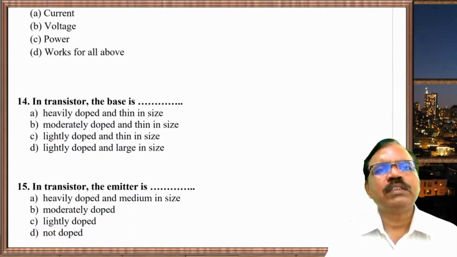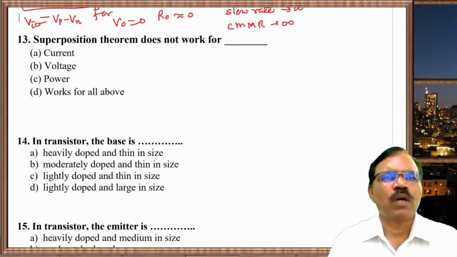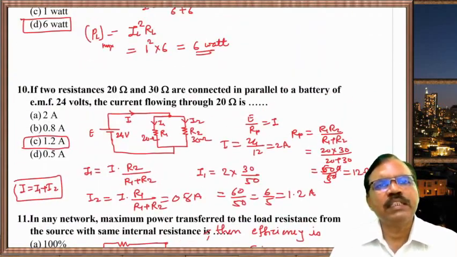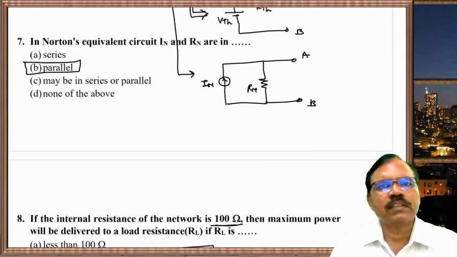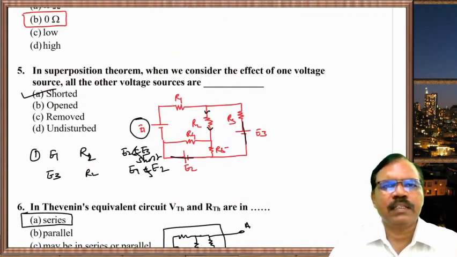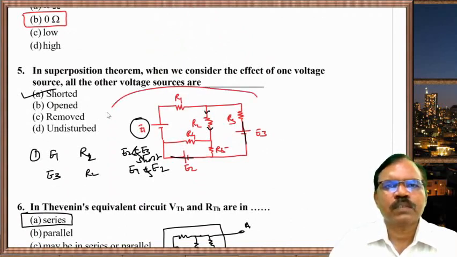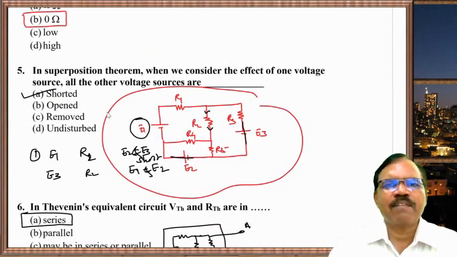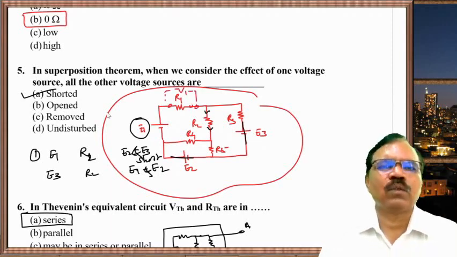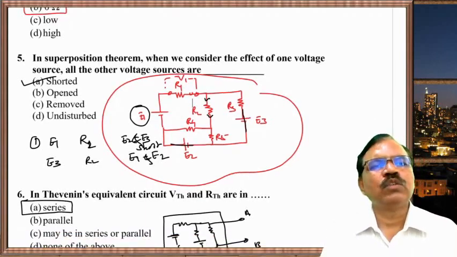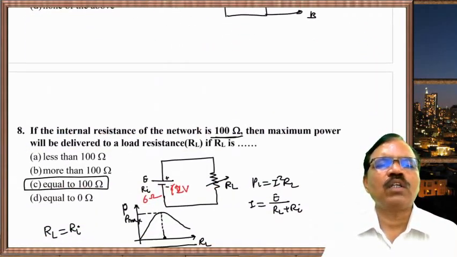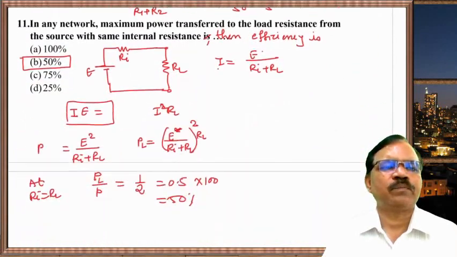Now superposition theorem does not work for. Now we have seen the superposition principle here. So suppose we take resistance R1, we can find voltage across R1 and current through R1. But this superposition theorem is not used for power.